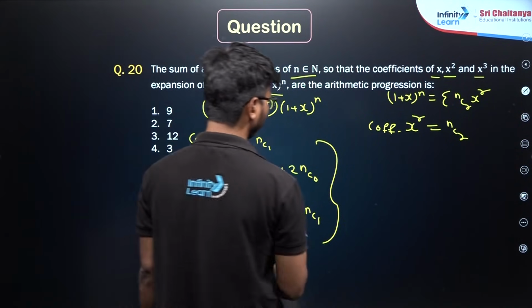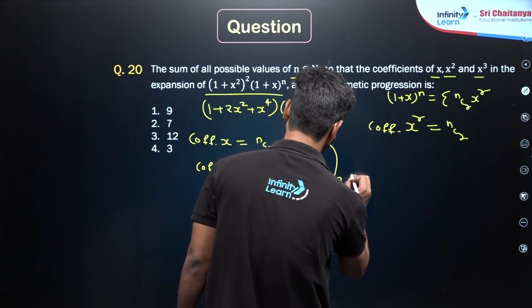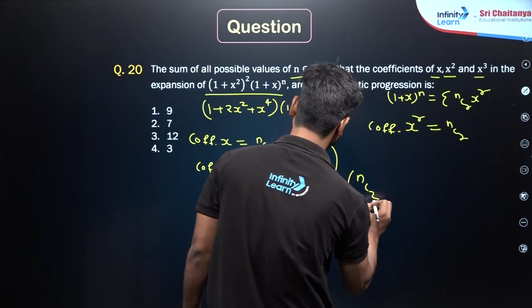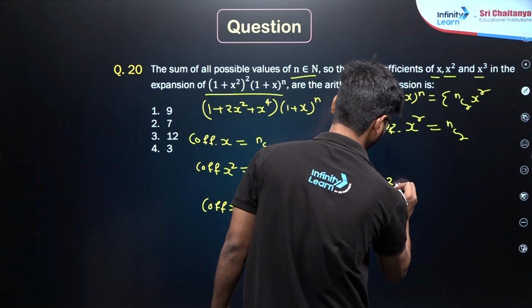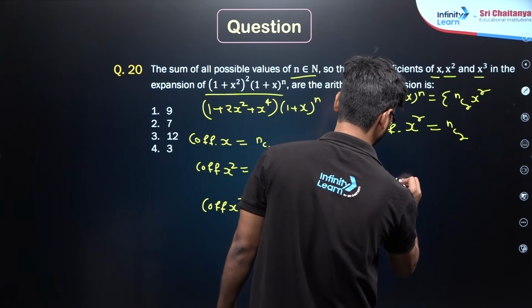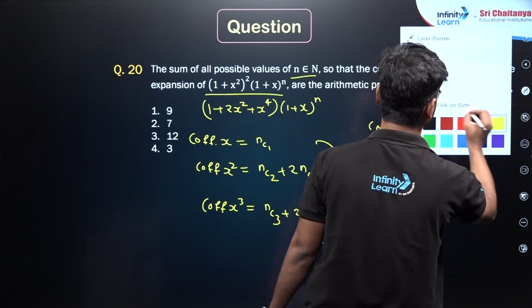So arithmetic progression means I can write 2 times NC2 plus 2 times, sorry, just a minute.